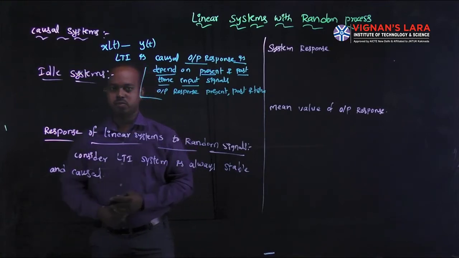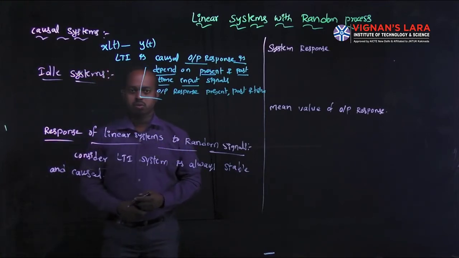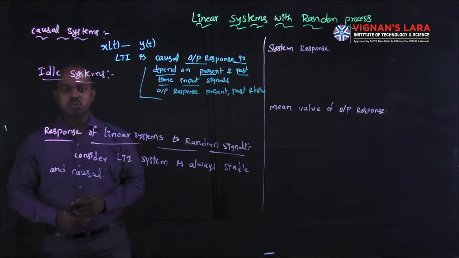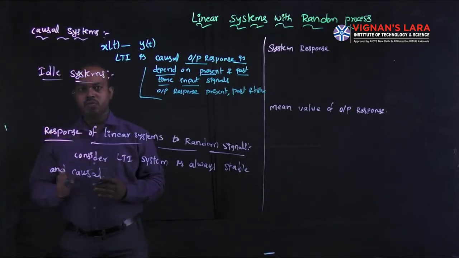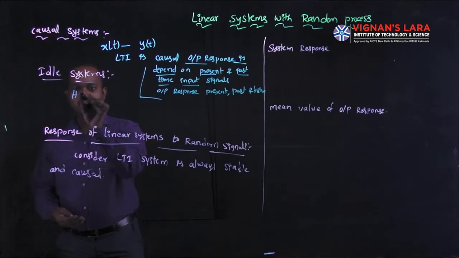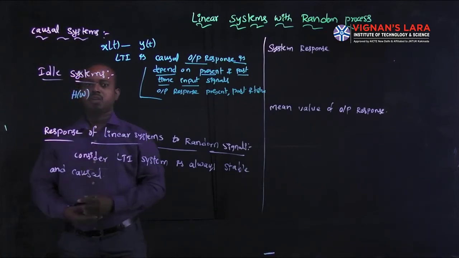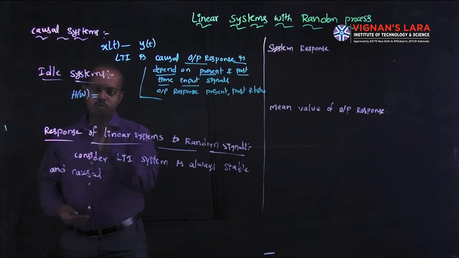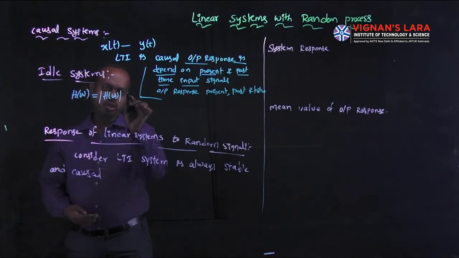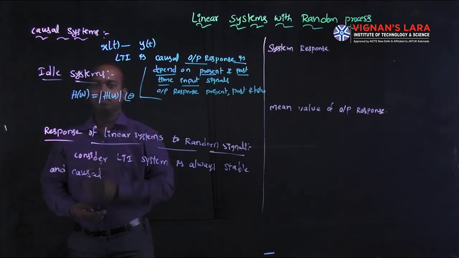Coming to the ideal systems. Here we define ideal systems by their frequency parameters. We give the system function as h of omega. The h of omega is represented with its magnitude, the modulus of h of omega, and its phase, which is represented with theta.